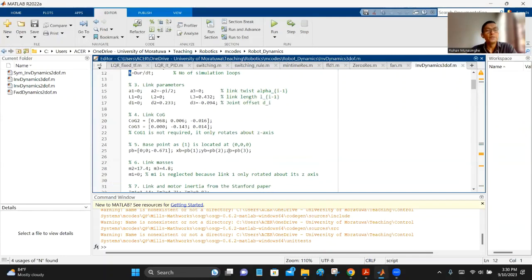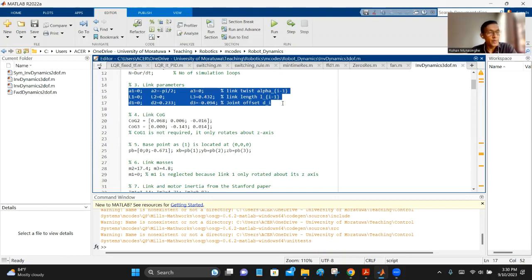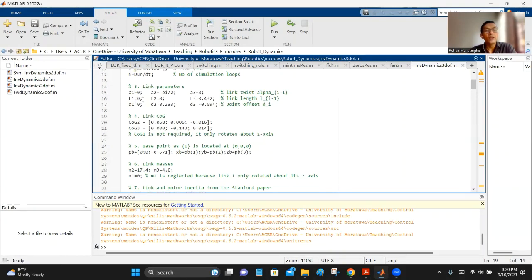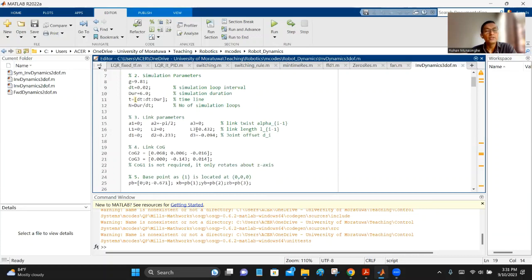Then these are the link parameters from Professor Khatib's paper: A1, A2, A3, L1, L2, L3, D1, D2, D3. These are fixed parameters. So out of the 4 parameters in the DH table, 3 are constant, the other one is a variable.